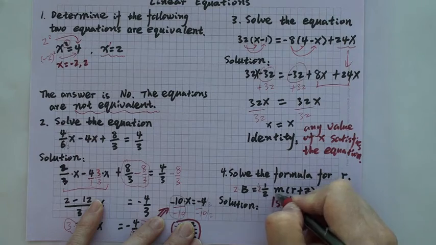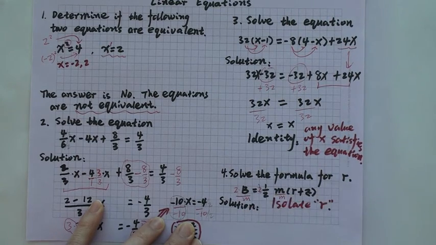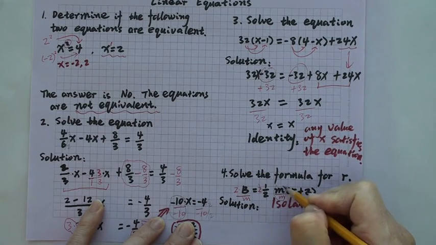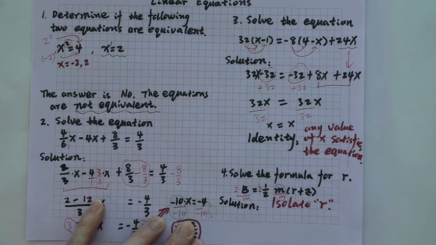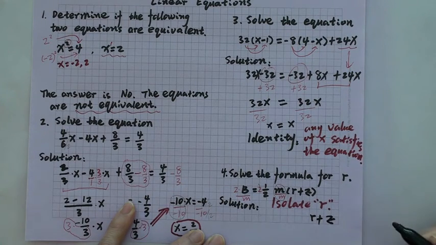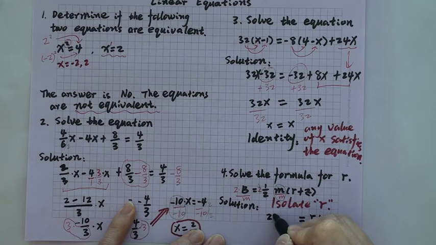And then divide by m on both sides. So m divided by m is 1, you cancel m. So the right-hand side is only r plus z. The left-hand side is 2b divided by m.